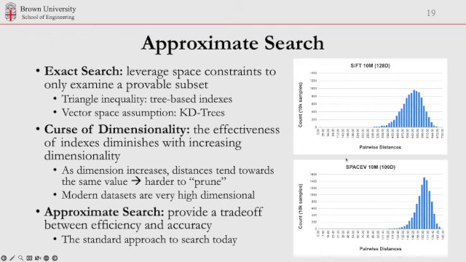So for exact search, I mentioned you want to leverage some of the structure in the space. With the triangle inequality, we could provably prune out points to consider. We could say that these points won't contain our neighbors because of this.